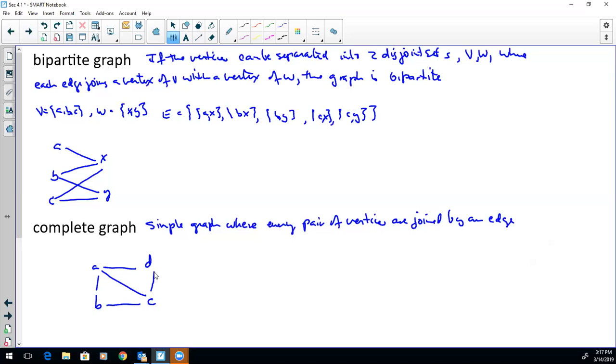C is joined to D. Okay, B is joined to A, I've got that. B is joined to C, and B is joined to D. This has a name here. This is what's called K sub 4. This is the complete graph on 4 vertices.